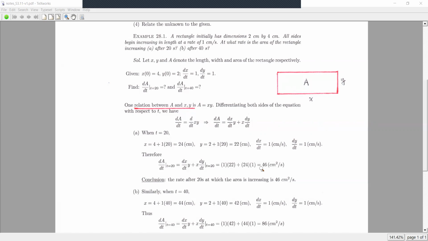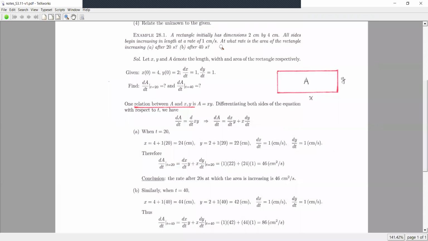So the sum is 46, and the units are cm squared per second. Conclusion: the rate after 20 seconds at which the area is increasing is 46 cm squared per second.